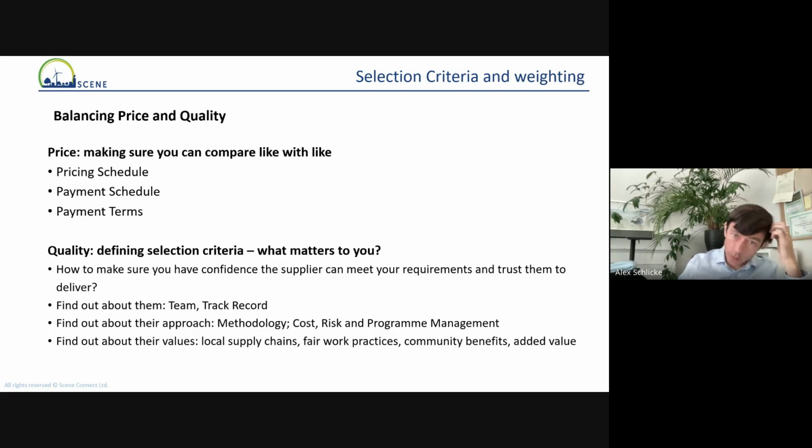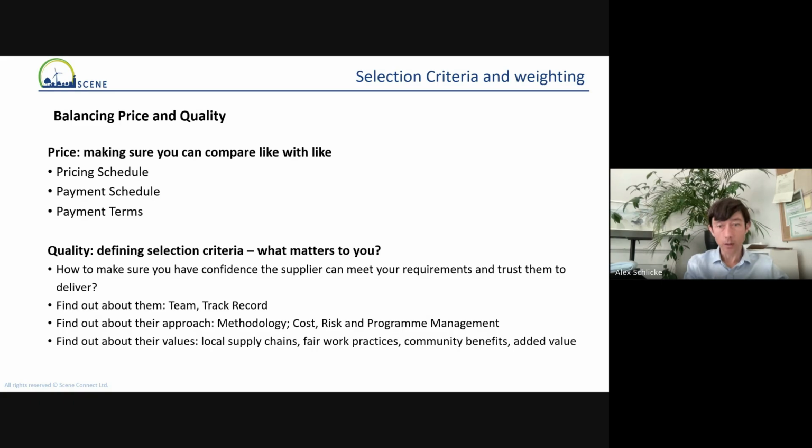Under quality, you've got a lot more flexibility to tailor it to your own specific requirements and your own specific priorities. So at Scene, we've done work with island communities, and their issues of local supply chains became very important, because it was like, okay, how do we support the businesses that operate in our local area?